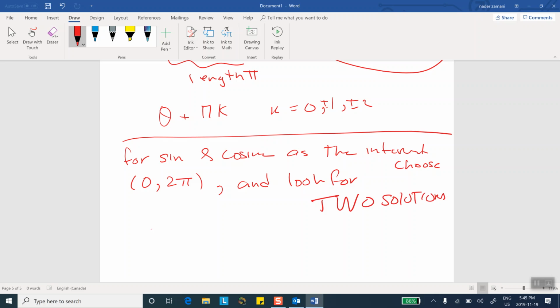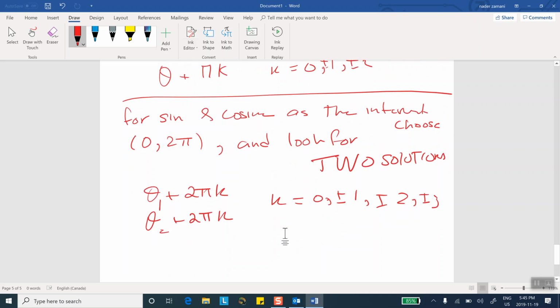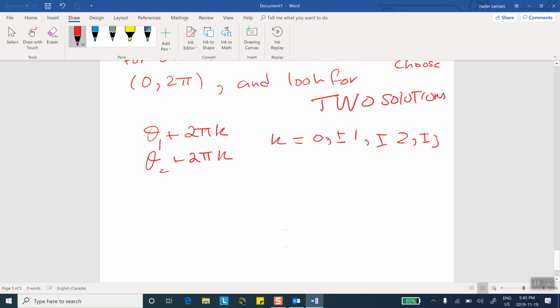And once you found them, I'll call them theta 1 and theta 2, add 2 pi k to each one, k equal to 0, plus or minus 1, plus or minus 2, plus or minus 3, etc. All right? Now, yeah, so that's pretty much it. Hopefully this will help.